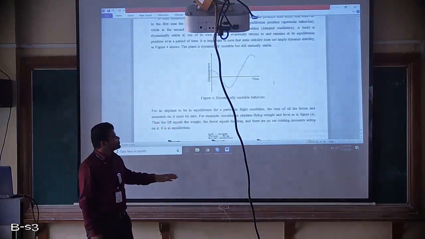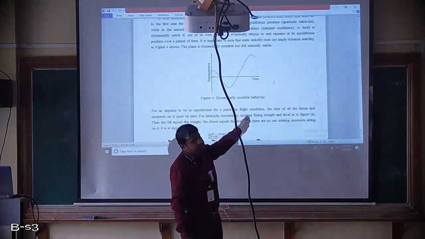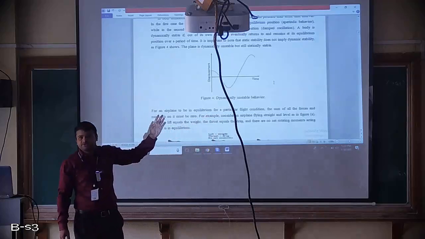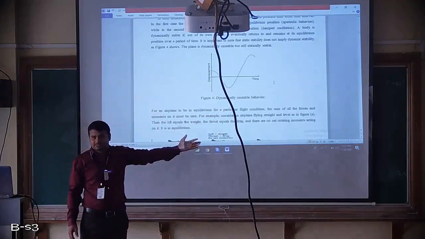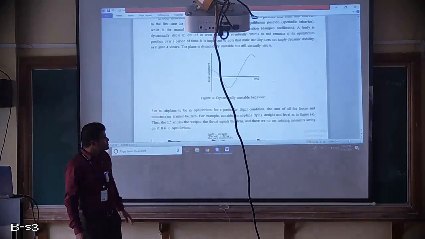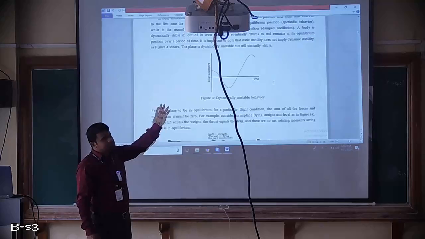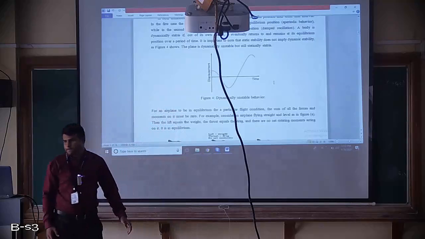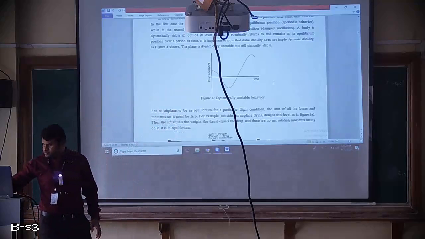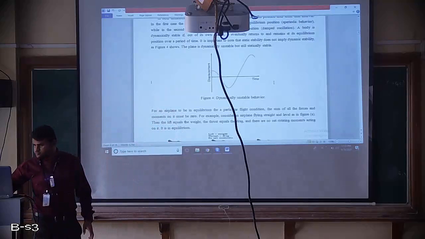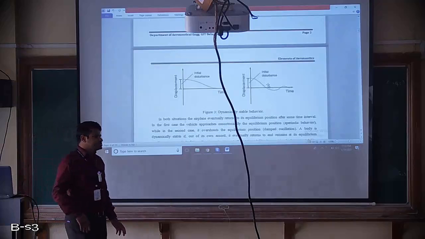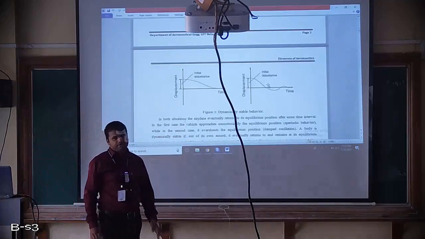That is called dynamically unstable, or we can call this dynamic negative stability. This will happen with respect to time. And the previous graph shows us the positive dynamic stability.